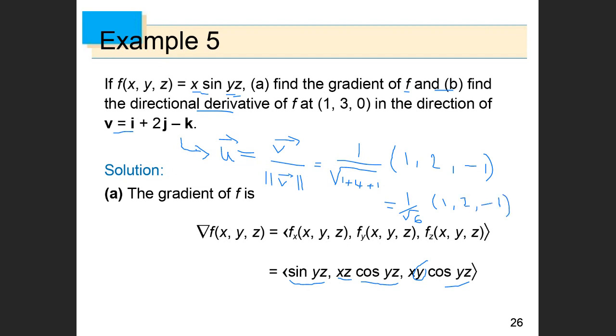Once we have this, all you need to do to determine the directional derivative with respect to u is to multiply the gradient by u, using a dot product, of course. So you multiply this vector by the other vector.